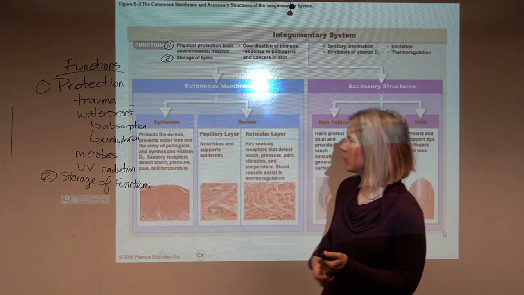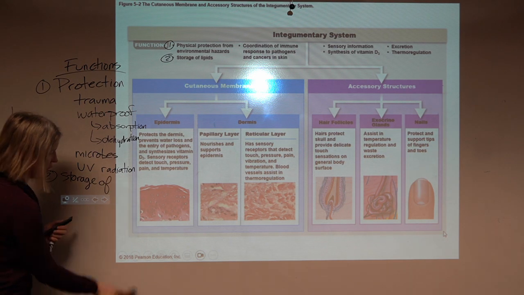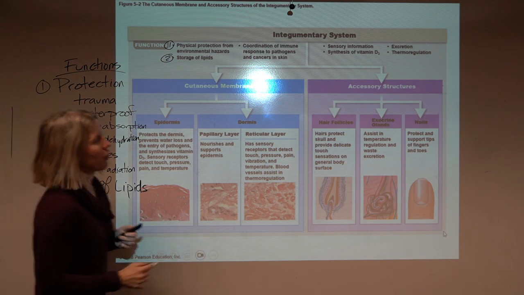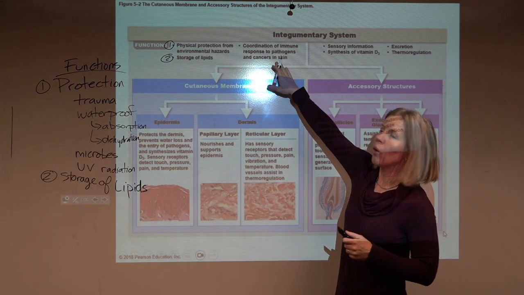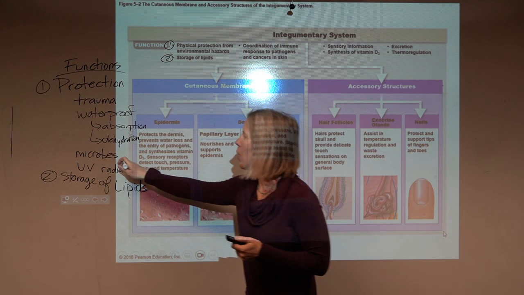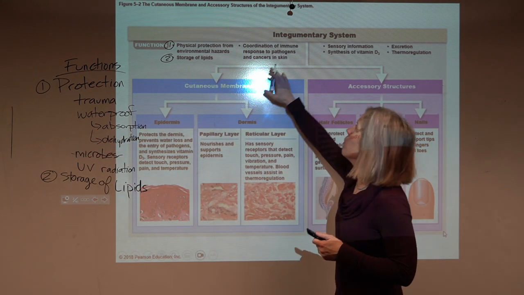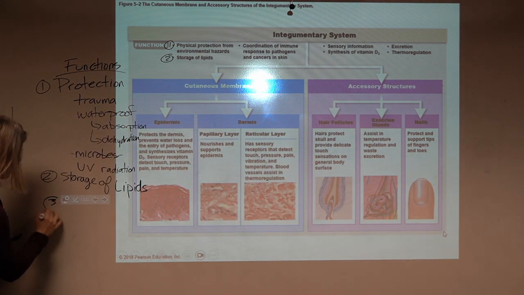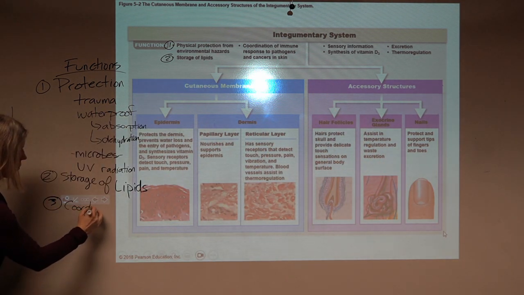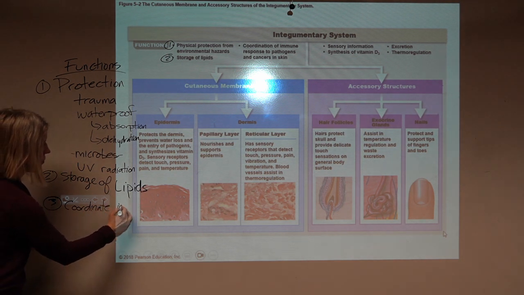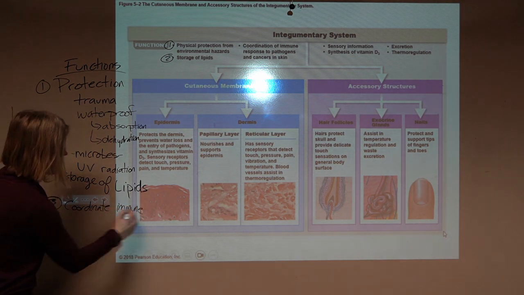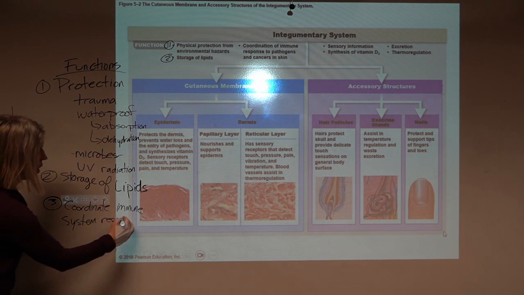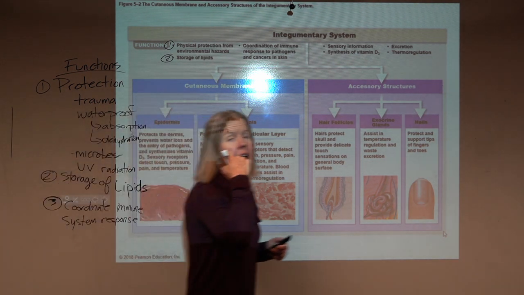The storage of lipids is an important function. We also, as I mentioned with the microbes, have this ability to coordinate the immune system response to microbes that we find in the skin.